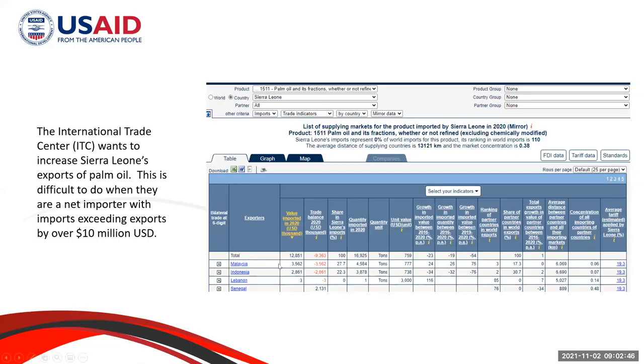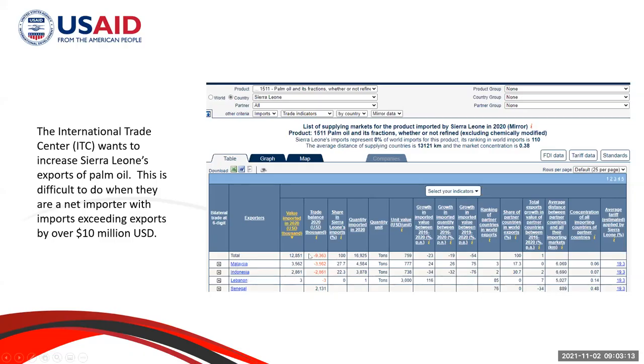You do learn what trends and patterns are. Even though we were looking for one thing and found something different, we now know that Malaysia and Indonesia are major importers, and Senegal should be their target market, not the United States, which is what they were looking at. They wanted me to write a report saying how great the US market was. The US is a huge importer of palm oil, but it all comes from Indonesia and Malaysia.